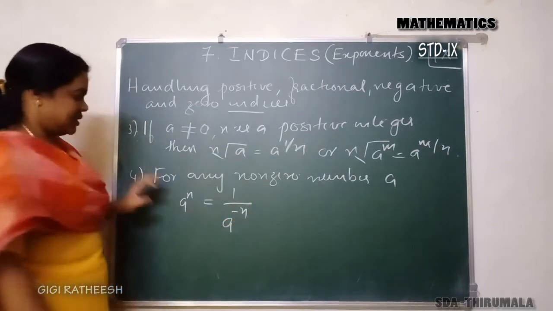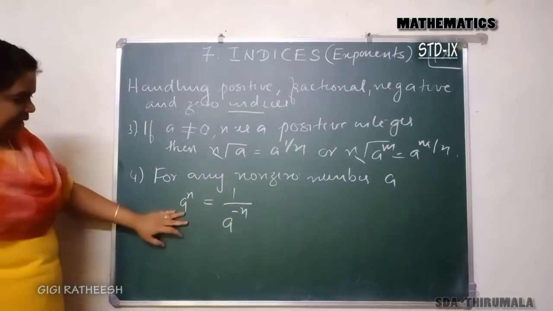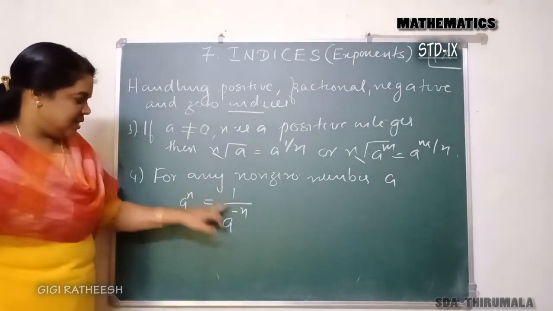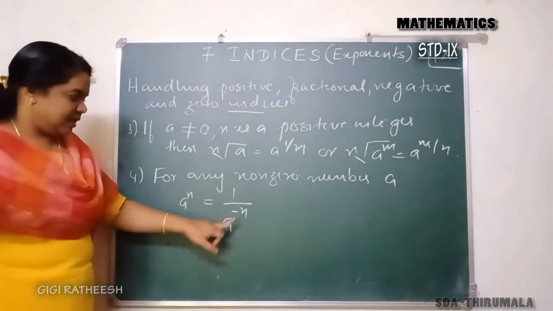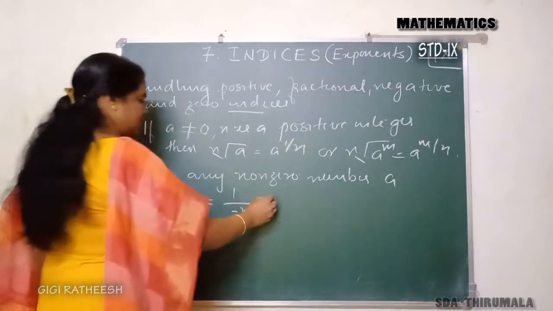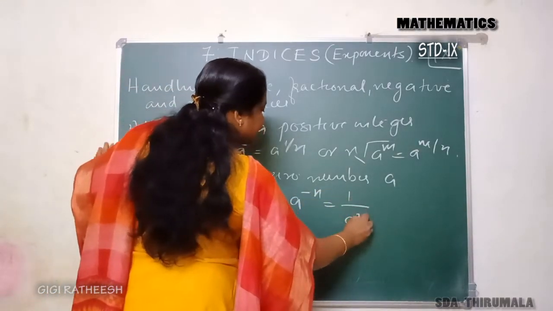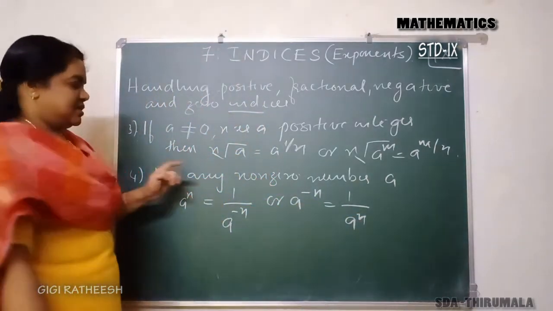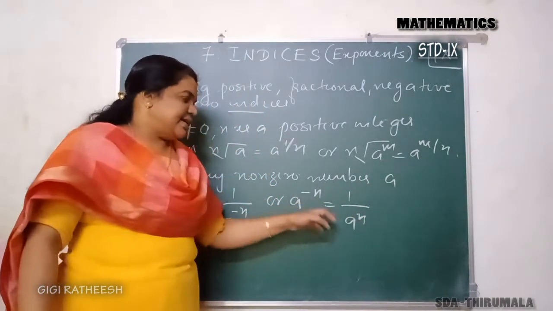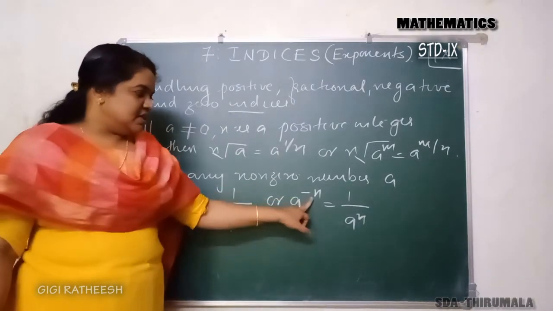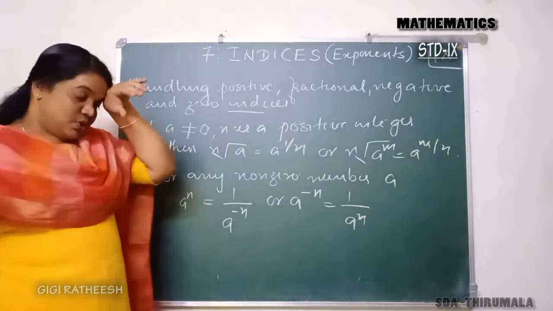We can write it in the reciprocal form, that is, a raised to minus n is equal to 1 by a raised to n. Here we get the reciprocal and also the sign changes. Here it is positive, it changes to negative, and here it is negative and it changes to positive.